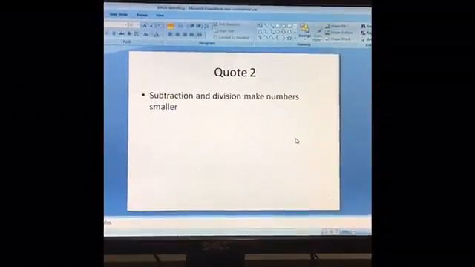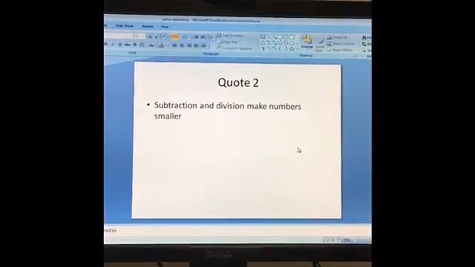Quote 2. Subtraction and division make numbers smaller. Reflection on quote 2. When students subtract, when it involves two negative numbers, students may notice a contradiction. In division, the rule is true if the numbers are positive whole numbers.